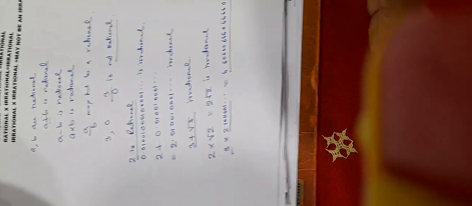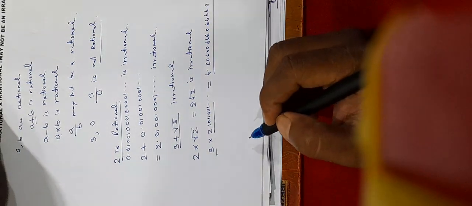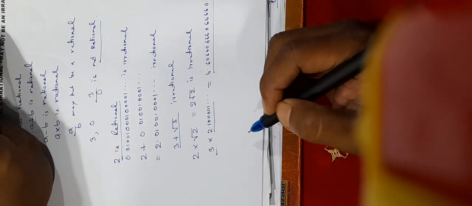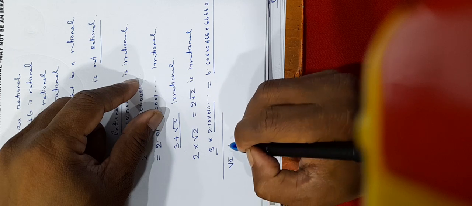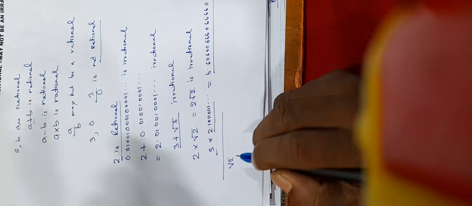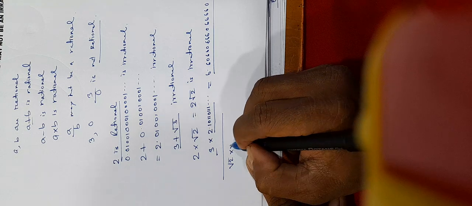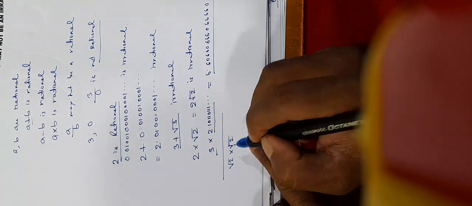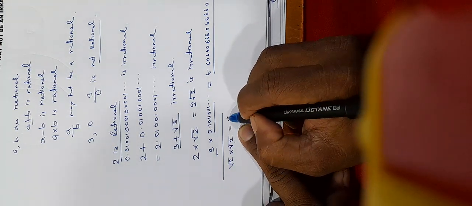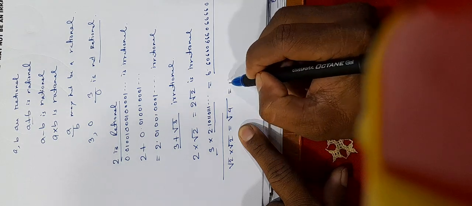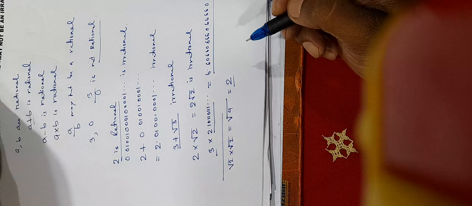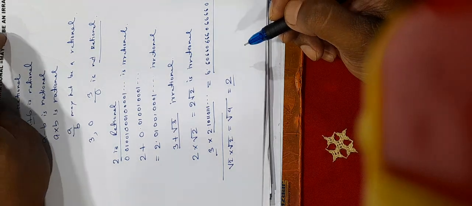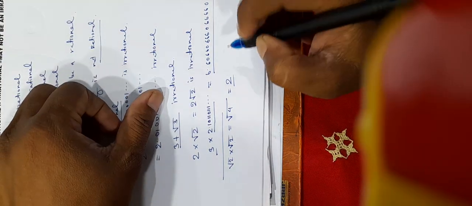Now think about the third case. Irrational multiplied by irrational may not be an irrational number. Say for example, square root of 2 is an irrational number. Now you multiply again by square root of 2, which is again an irrational number. Now square root of 2 to the 4, the square root of 4 is 2, this is rational. So irrational multiplied by irrational may not be irrational. Sometimes it may be irrational.